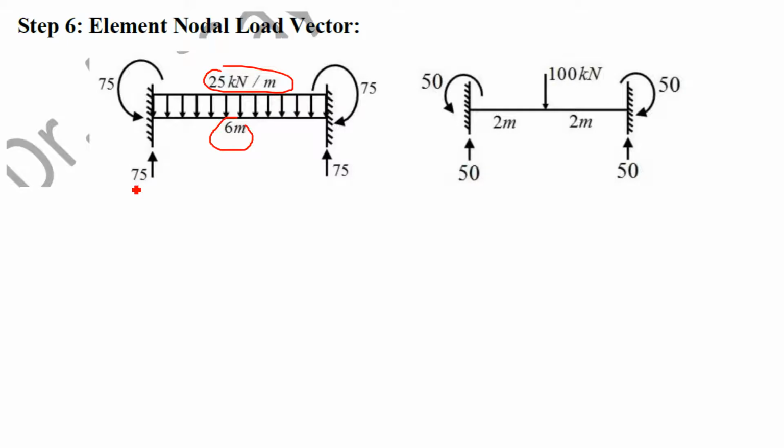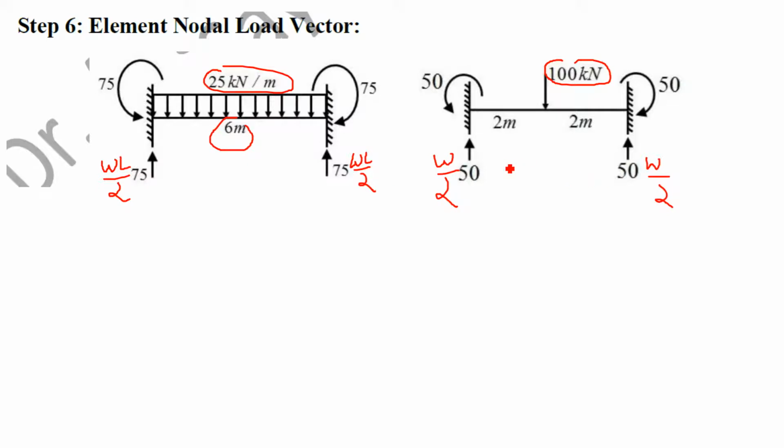So reaction will be WL by 2, 25 into 6 divided by 2, the answer is 75. And in the second span it is a central point load, so reactions will be W by 2, W by 2. So 100 divided by 2, it is 50, 50, right? These are the reactions because of external load.